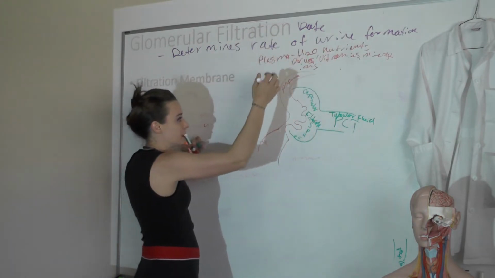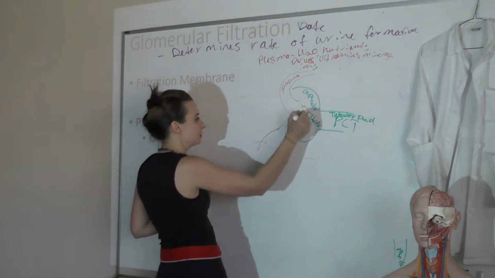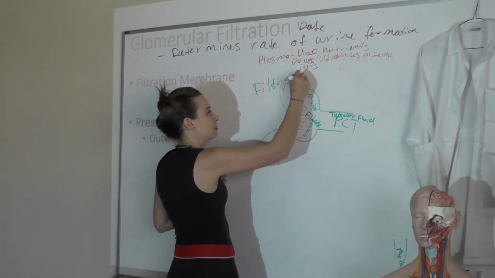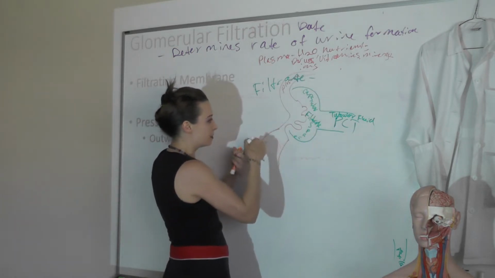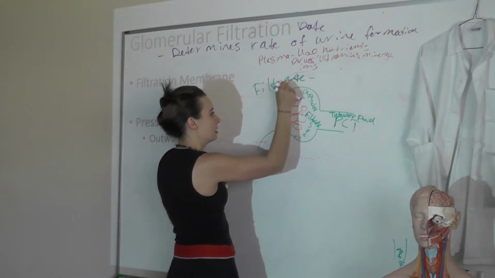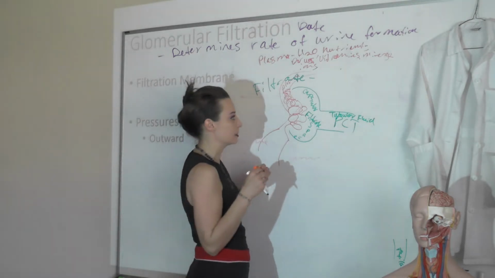Everything that's in our blood is in blood plasma. So this first fluid that's produced, filtrate here, is at chemical equilibrium with that. The only thing that's missing from filtrate is the big cells and big proteins that get stuck here because they can't get past that filtration slit.